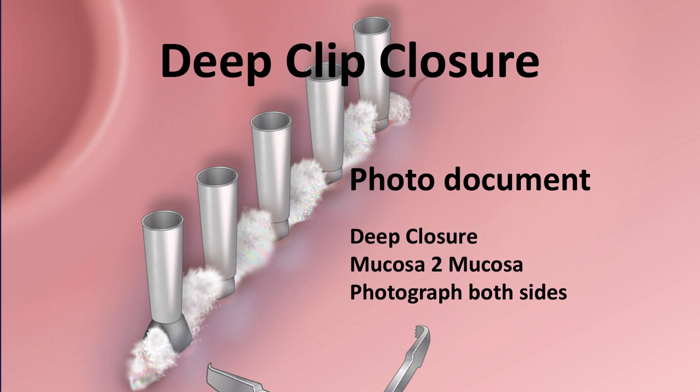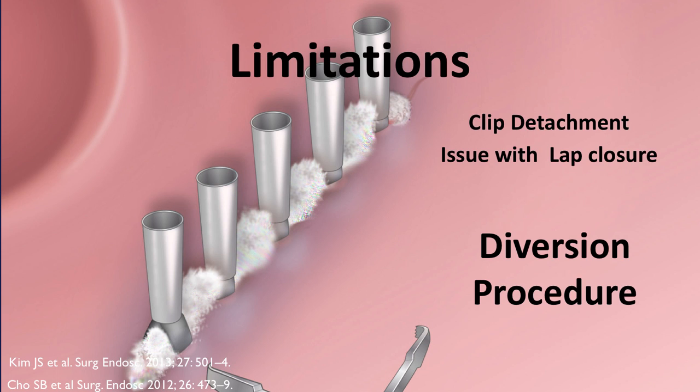And the goal is to create a deep clip closure and then document that with photos. The closure should be mucosa to mucosa, and you take photographs to document both sides of the clip closure. And when you have a superficial clip closure, make sure you apply 2 more clips on either side so as to get a deep approximation.